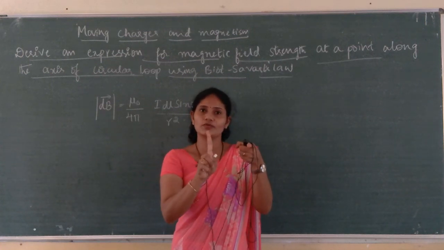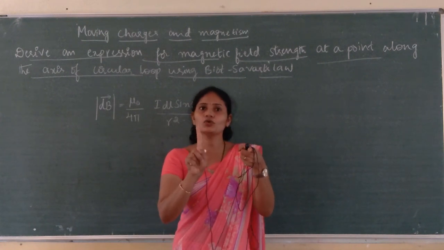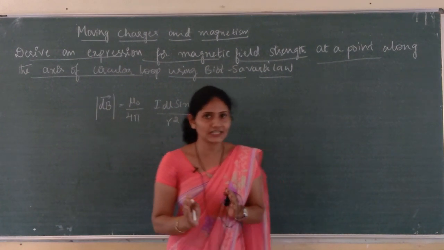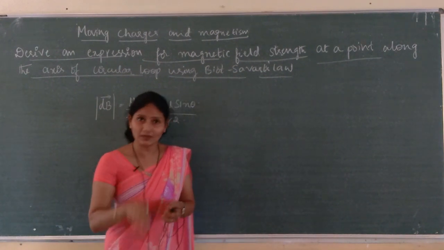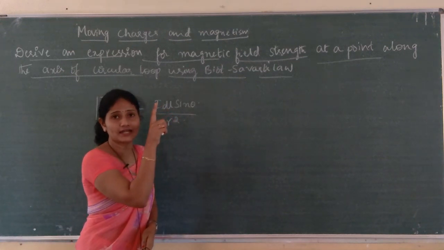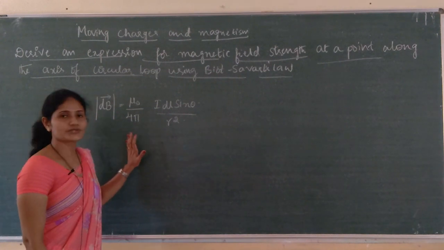So always remember, the direction of the magnetic field is perpendicular to the plane which contains the dl vector and the r vector. So this is about Biot-Savart's law.